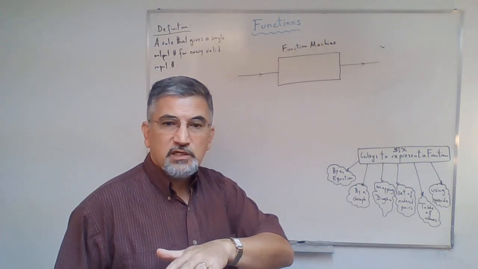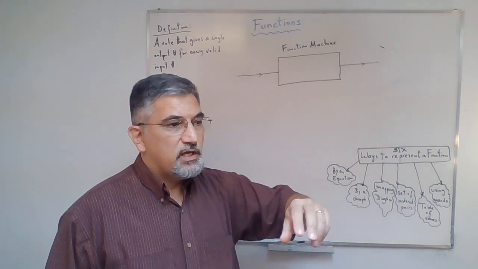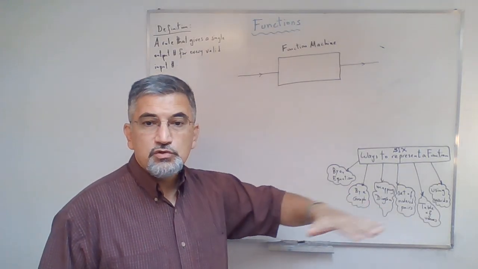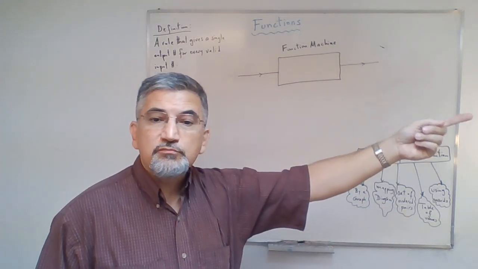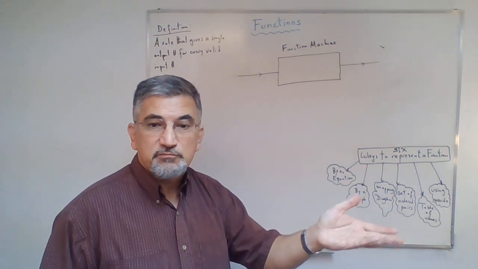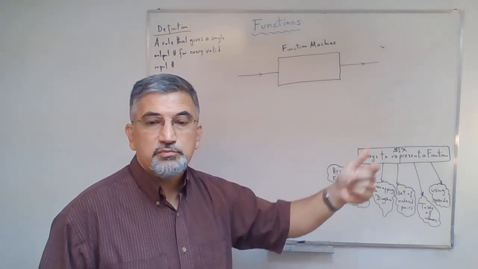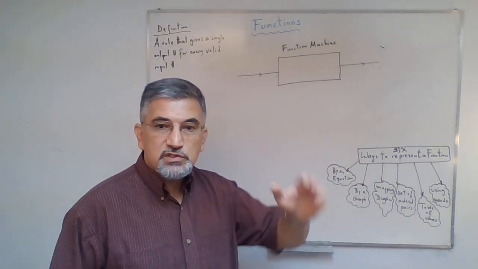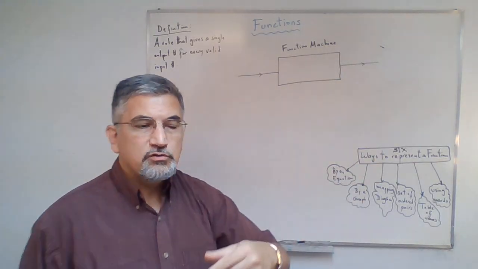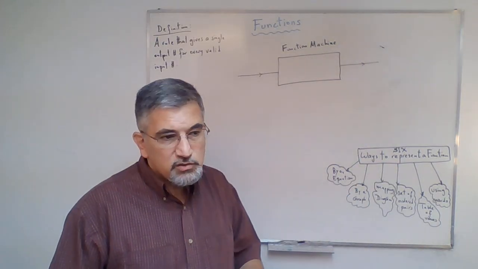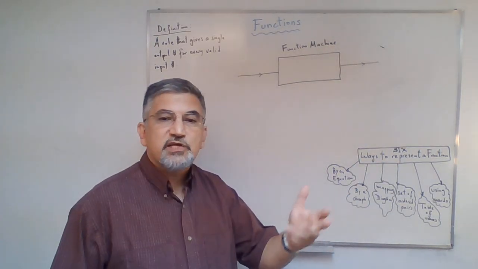The input is like aluminum sheet metal, and when you feed the machine with this sheet metal, the output is like one of those rectangular ducts made by the machine for use in air conditioning systems of buildings. So there's an input and there's an output. The car you drive, the input is the gas you put in the car, the output is the motion that you get. So a function is just like a machine.